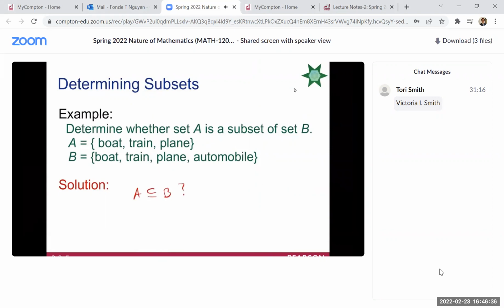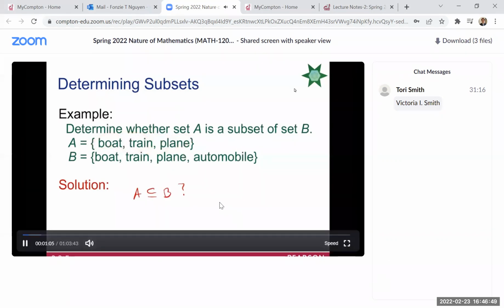And I think you are right, because you guys agree that all of these elements are inside of set B. Both of them have boat, both of them have train and plane, but automobile, why would you still say yes? Because I did my reading, but I just couldn't understand why is it still a subset if B has automobile and A doesn't?